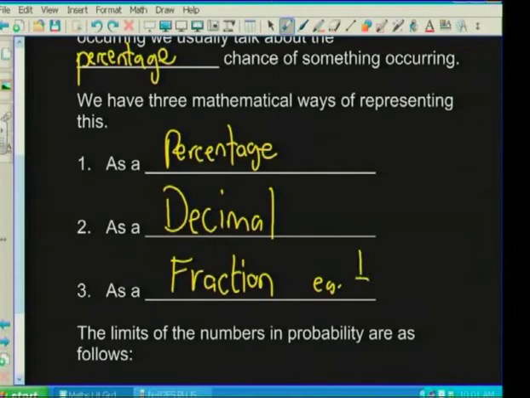Something, for example, like a quarter. And then just to give you an idea of a decimal, let's put 0.5. So these three ways or methods of describing probability are all going to be used almost interchangeably in your examinations.